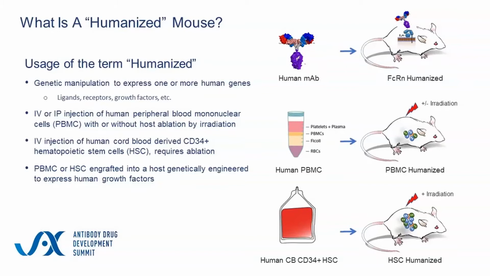But also there are growth factors that are necessary for the support of these immune cells that are engrafted into these mice. So even without any genetic humanization, there are two different ways that you can immunologically humanize a mouse. One is with human peripheral blood mononuclear cells.